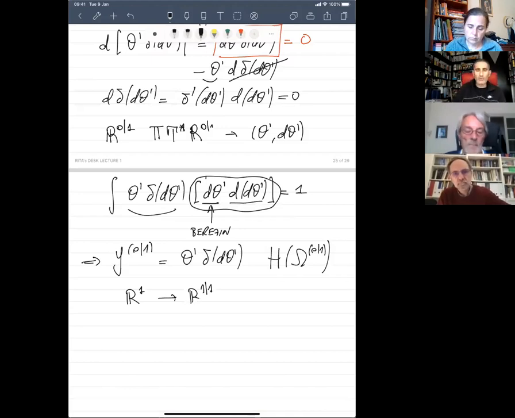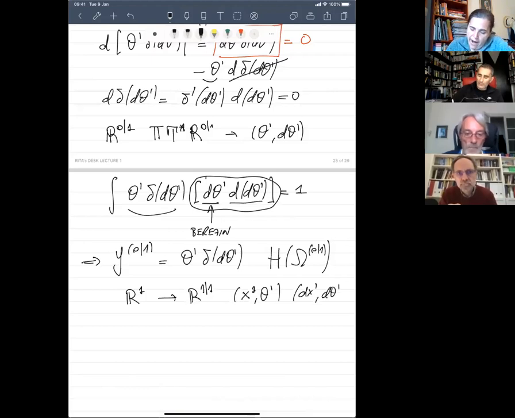I will do it in the following way. My space is parameterized by the coordinates x1, theta 1. And if I also consider the cotangent bundle, I have the coordinates dx1 and d theta 1.